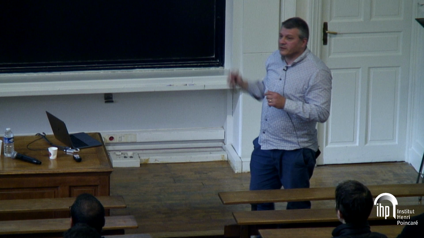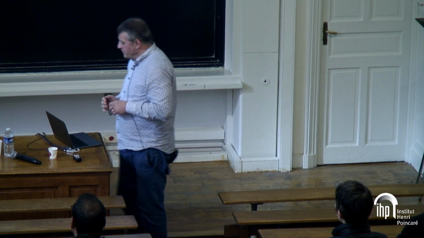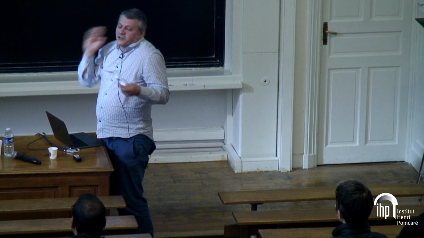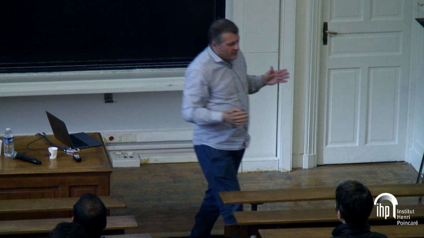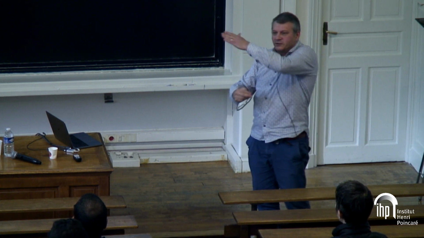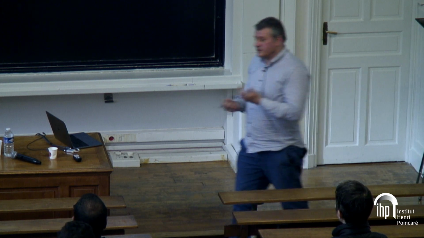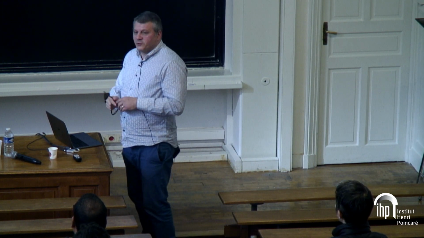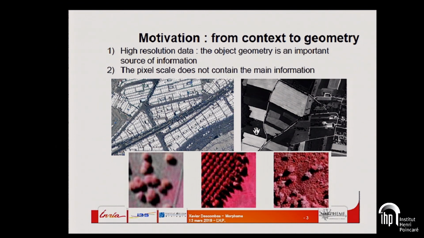If you go on the right, and you want to detect the road, if you take contextual information, you will say that along the road you have some homogeneity, and then you have some heterogeneity orthogonal to the road. So it's typical contextual information: you take one pixel, and you look at what is in the neighbors.